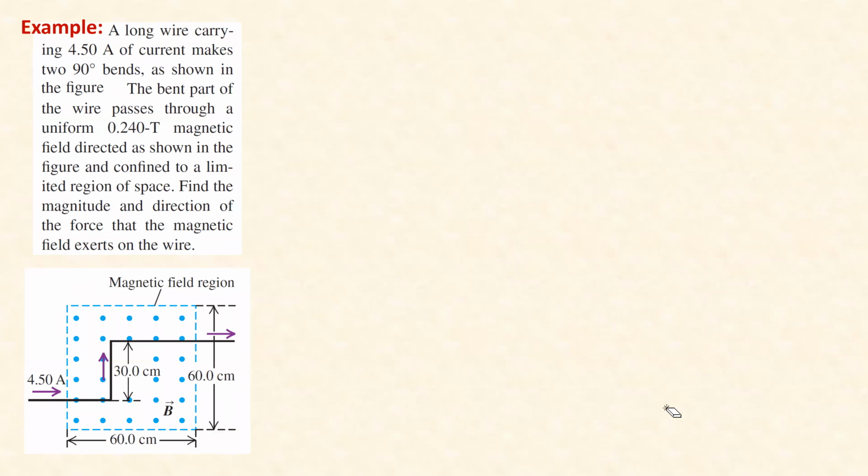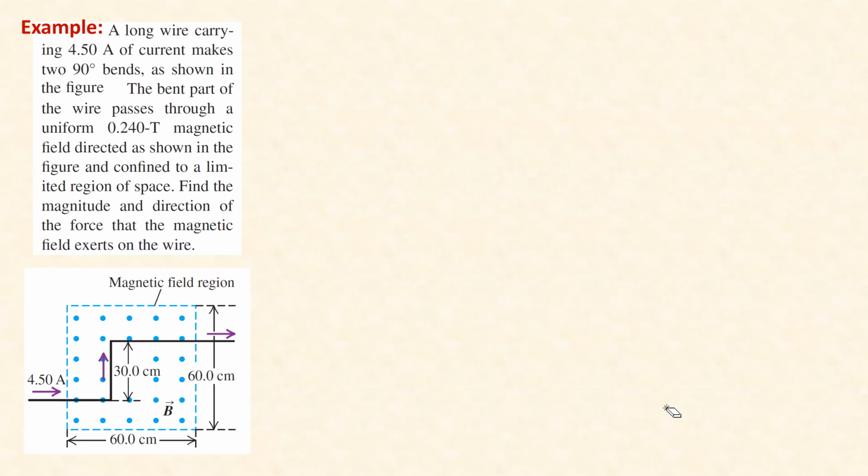A long wire carrying 4.5 amp of current makes two 90-degree bends as shown in the figure. The bent part of the wire passes through a uniform 0.240 Tesla magnetic field directed as shown in the figure and confined to the limited region of space.